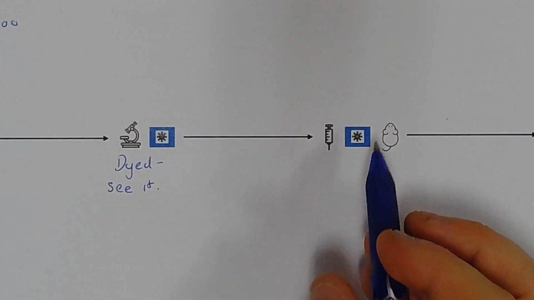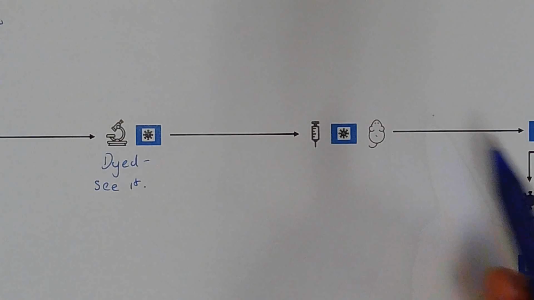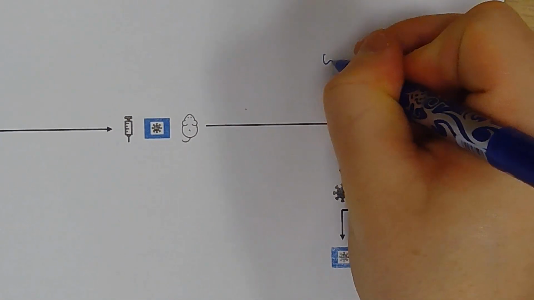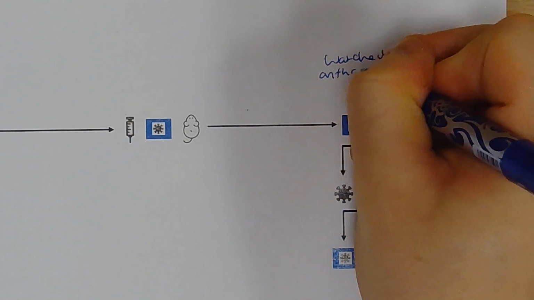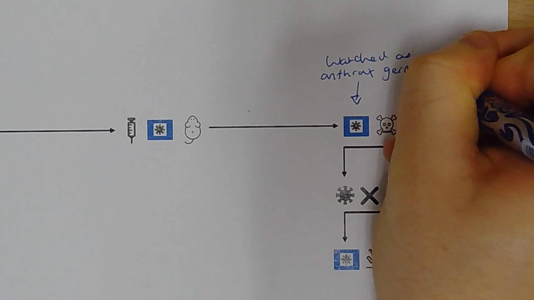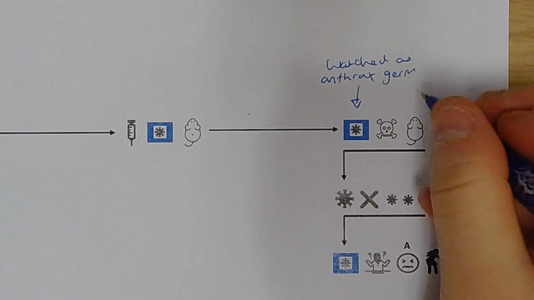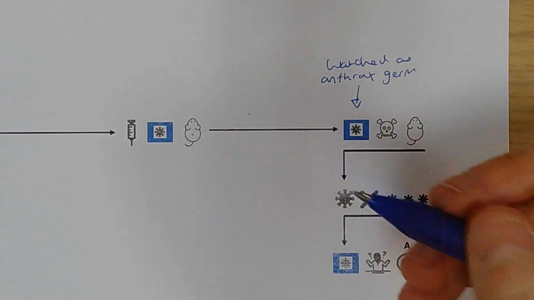And he then injected the anthrax germ into the mice, and he watched as the anthrax germ killed the mice's cells and ultimately killed the mice. Now he was able to watch it and know it's anthrax because he dyed it blue.